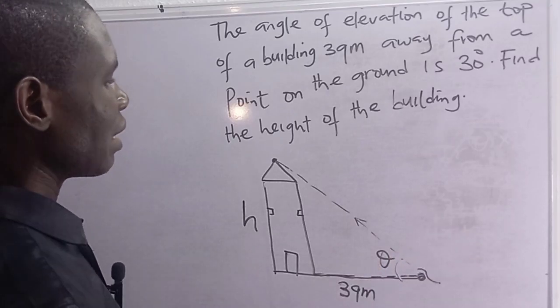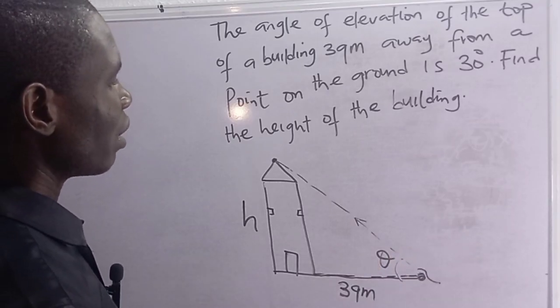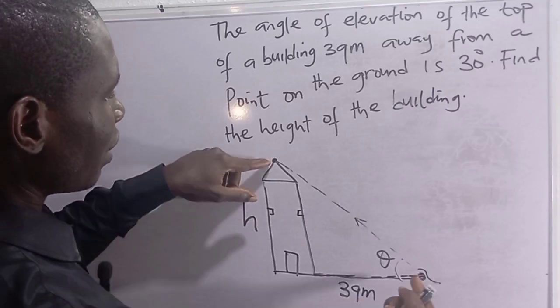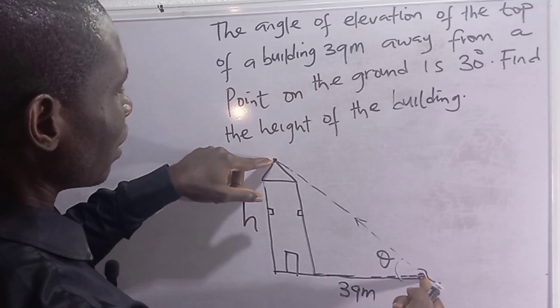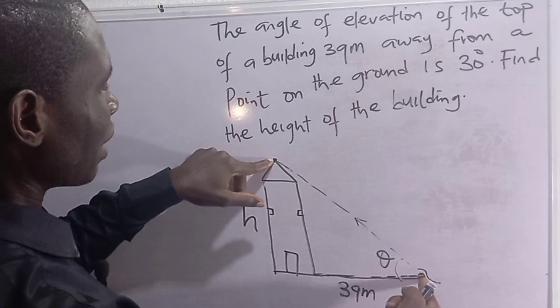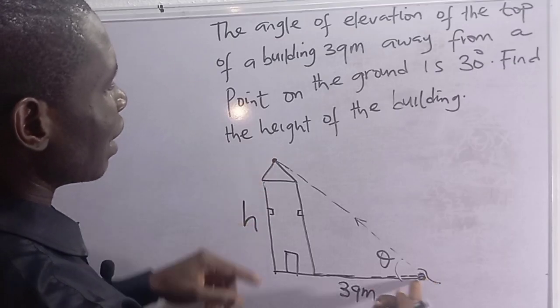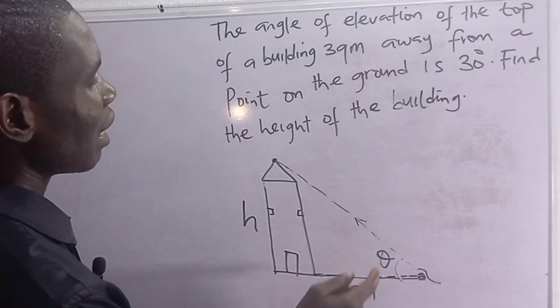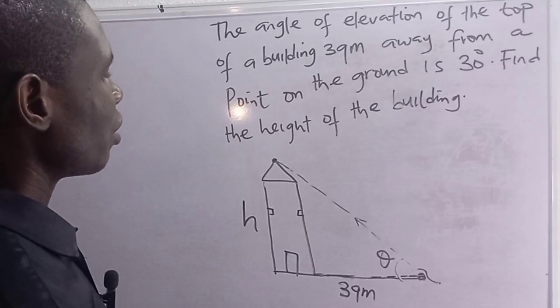So theta here is the angle of elevation. There's a line connecting the point on the ground and the object, which is the top of the building. The angle between that line and the horizontal line is the angle of elevation.